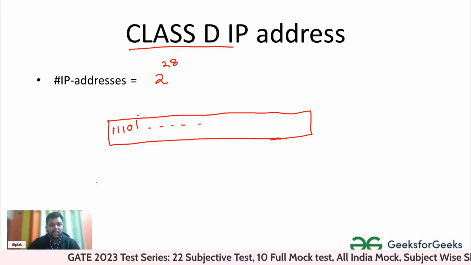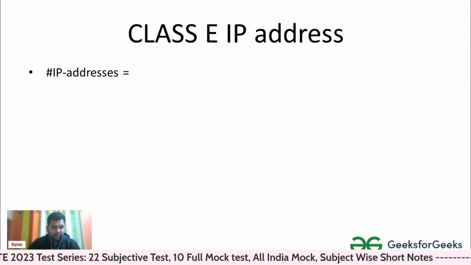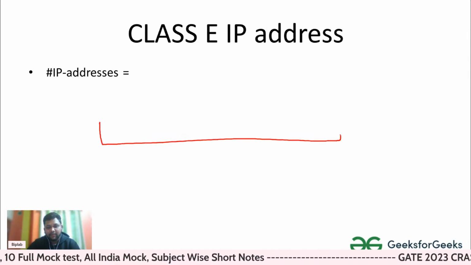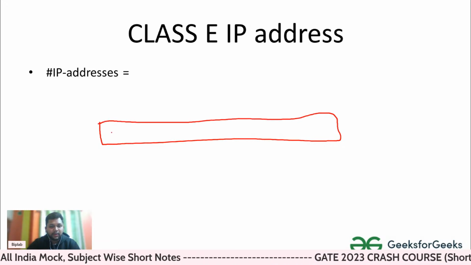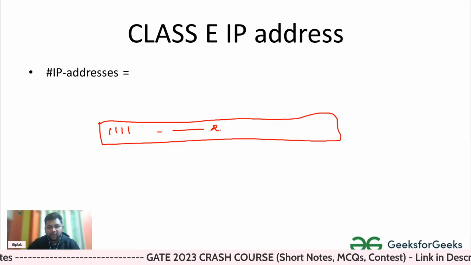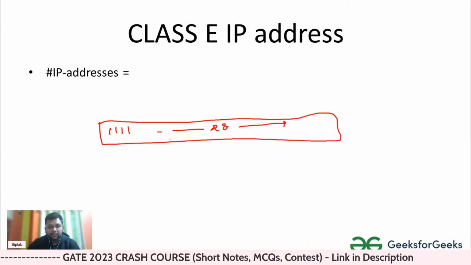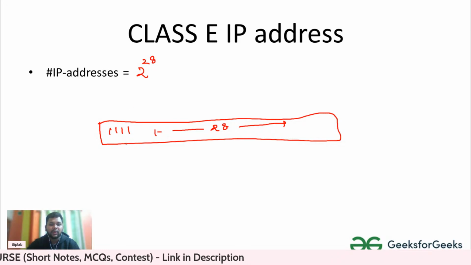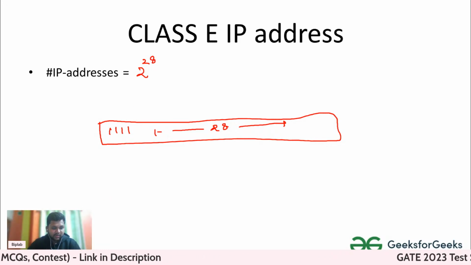In the same way in class E you have the first 4 bits as 1111 and space left for 28 more bits, so 2 to the power 28 IP addresses.